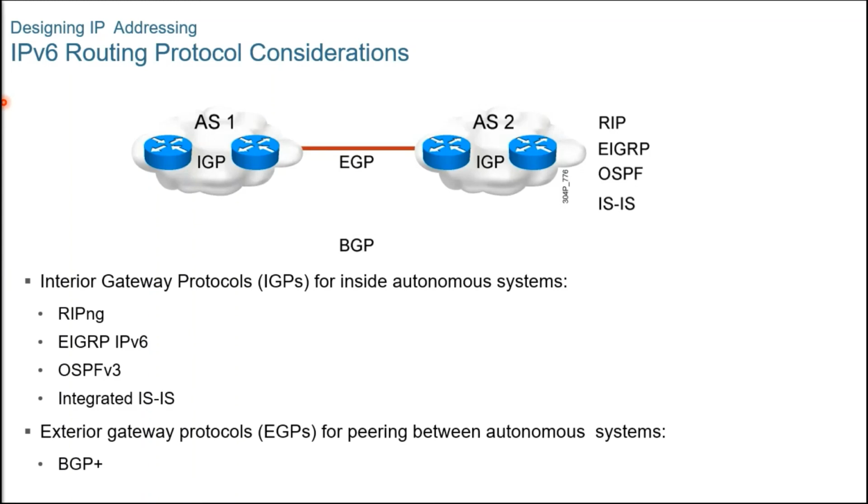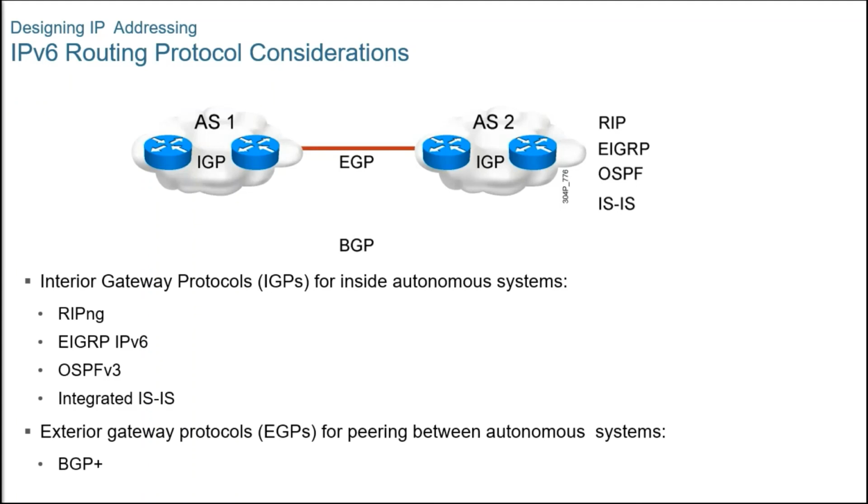IPv6 routing protocols. Since there are routing protocols for IPv4, there are also routing protocols for IPv6. So the routing protocols available in IPv6 include interior gateway protocols, or IGP, for use within the autonomous system and exterior gateway protocols, or EGP, for use between autonomous systems.